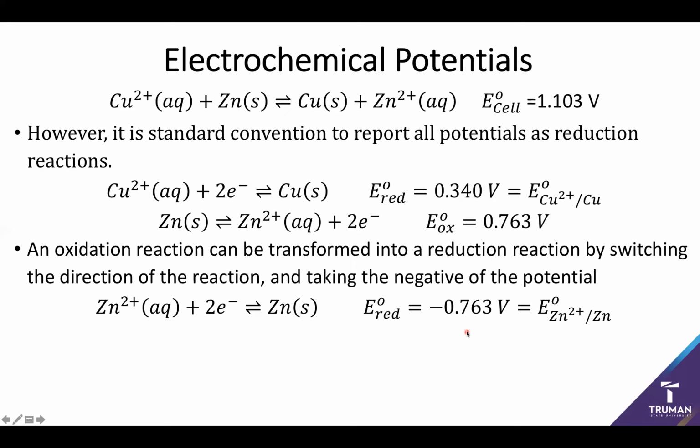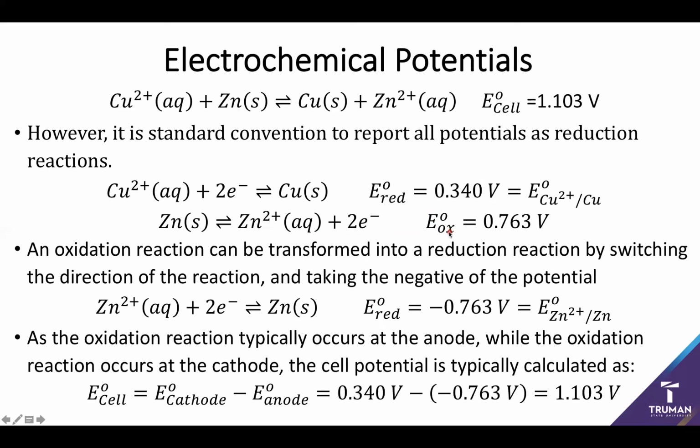So one of the ways you can do it is try and turn all your reduction reactions into oxidation reactions and add those together. But the much more common method is to essentially say, I am going to take my cathode, so my normal reduction reaction, take that potential, and I'm going to subtract out the reduction potential of my anode, which is the same thing as flipping the reaction.